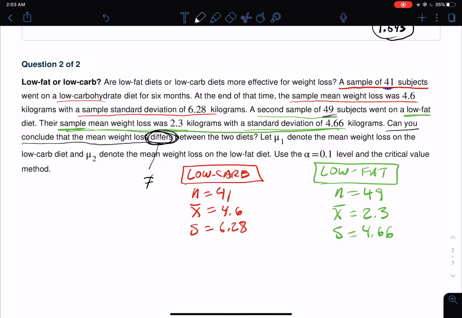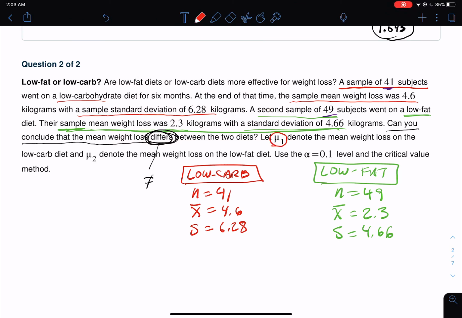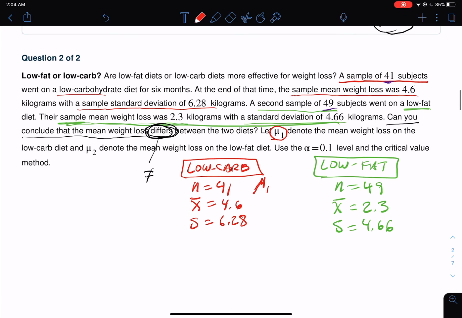Let mu sub 1 denote the mean weight loss of the low-carb diet. So that means, if I'm going to go with my color scheme, that the population from the first sample, so we might as well do these sub 1 so we know it all comes from that first sample, is denoted with mu sub 1.